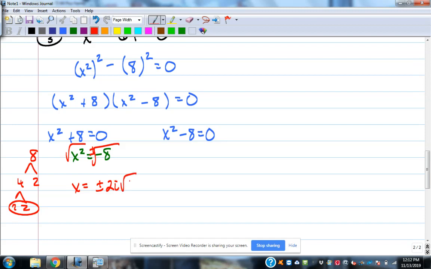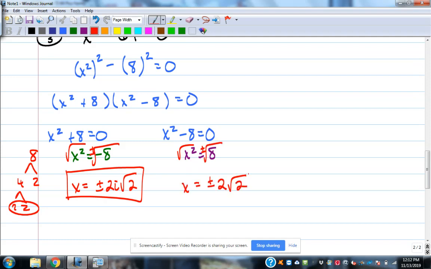An i radical 2. Positive 2i radical 2, negative 2i radical 2. So that's 2 of our answers. We got 2 more to find from the other equation. That's going to be x squared is equal to positive 8. Take the square roots. Plus or minus 2 radical 2.